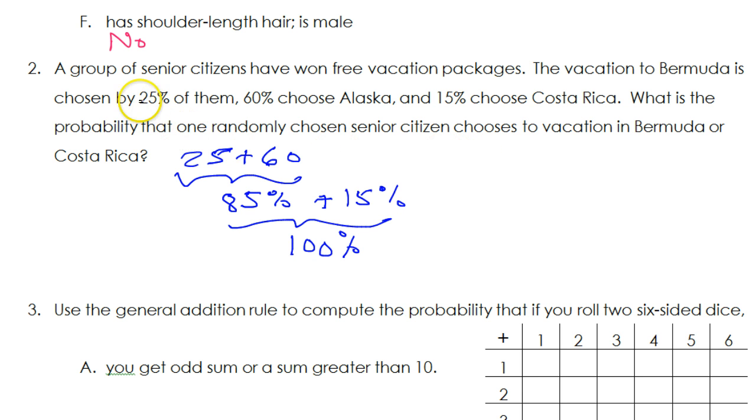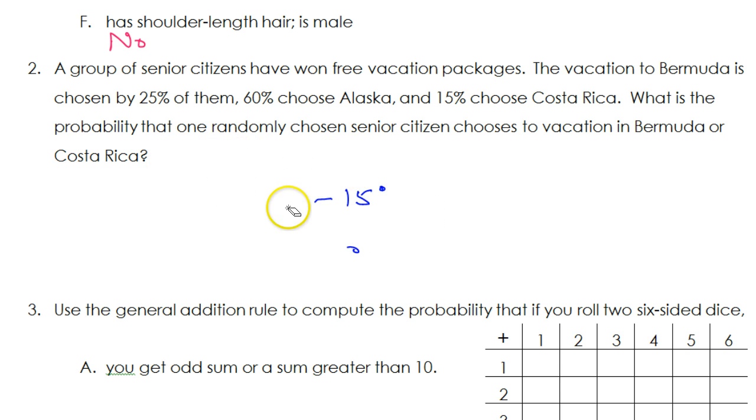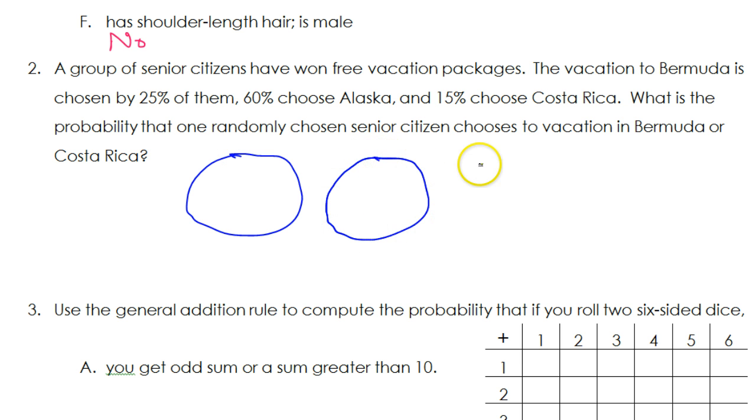Everyone chose one of these things. So that means there's no overlapping going on. So they either chose Bermuda or Alaska or Costa Rica. So if we were looking at a Venn diagram of these situations, we would have 3 completely separate circles.